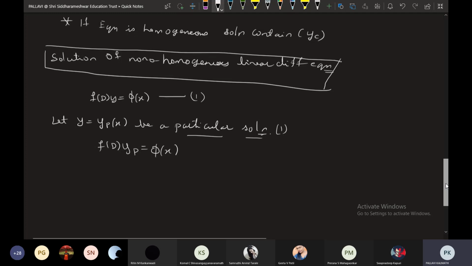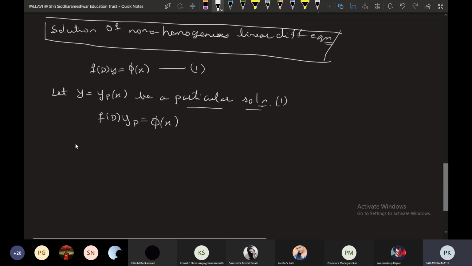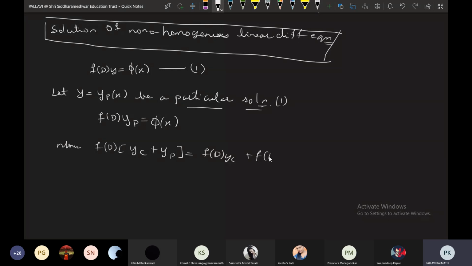Now, in simple terms, if I consider both the complementary function yc plus the particular integral yp, then f of D into (yc plus yp) is f of D into yc plus f of D into yp.